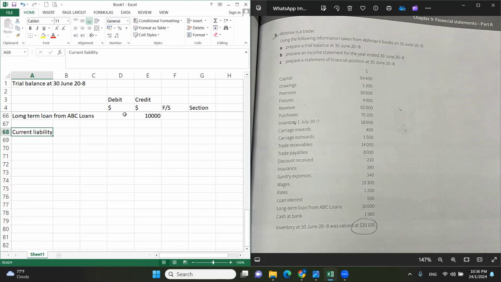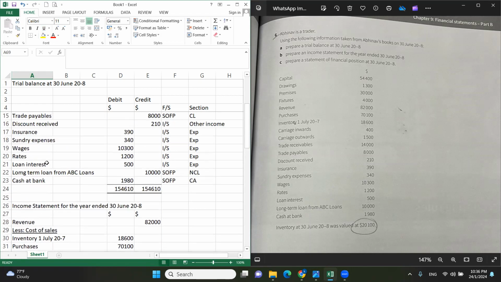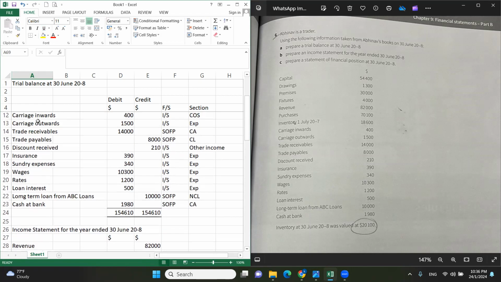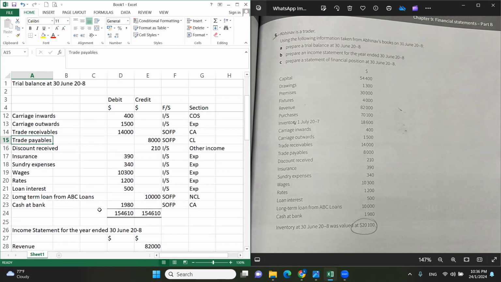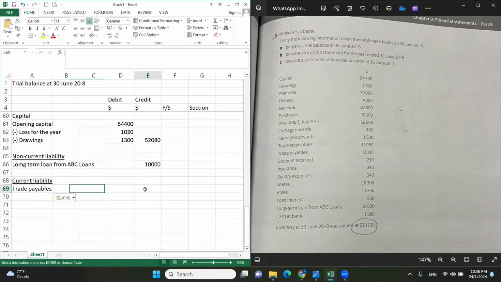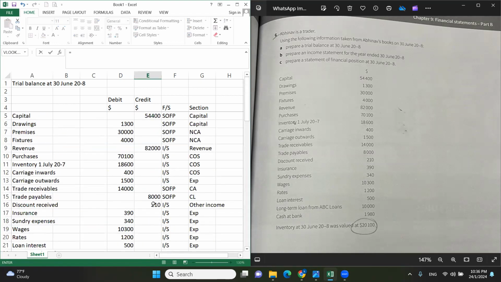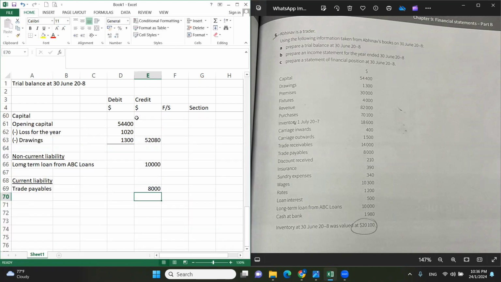Okay, our current liability, we have, let me see, what are the current liability? Okay, trade payable. So this is a trade payable. So we put into here. Also one item we straight away put into the second column. Trade payable 8,000. Okay, that's all for it. Now we add these three items. So we get this amount.